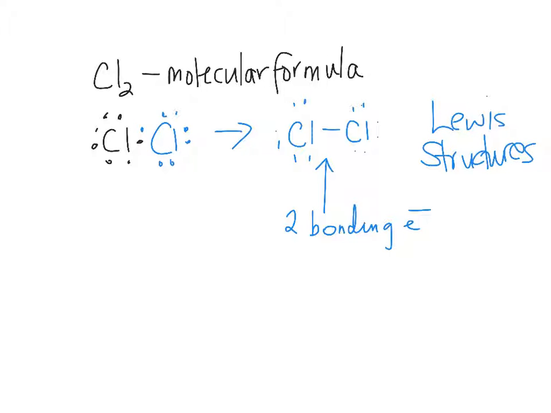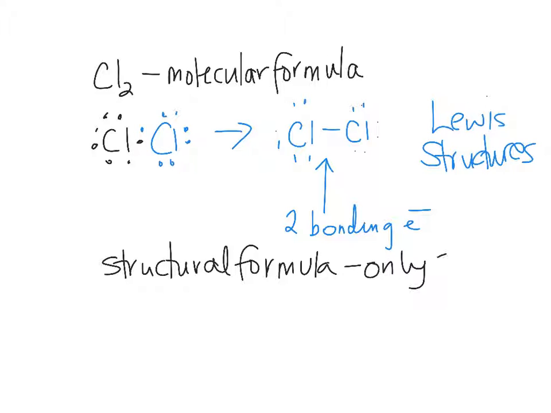A structural formula only shows bonds. It doesn't show lone electron pairs.